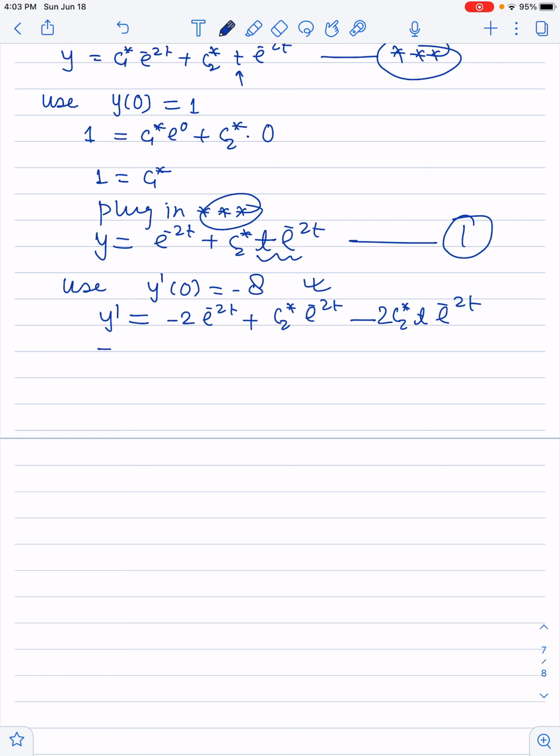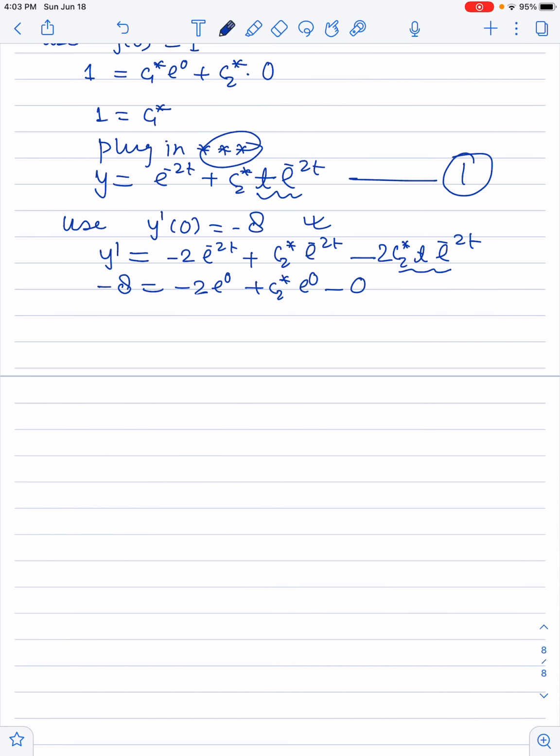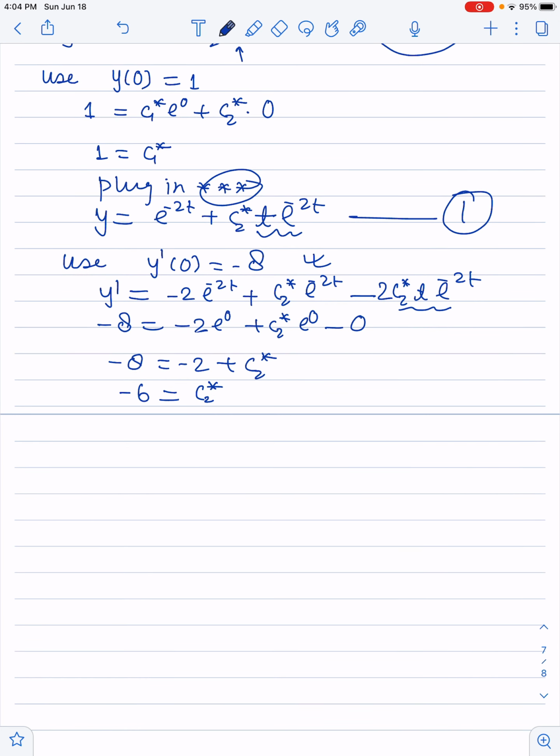So y prime will be negative 8, negative 2 times e to the 0 plus C2 star e to the 0, and this term will be 0 since t is 0. Negative 8 equals negative 2 plus C2 star. So when you add 2 on both sides, you'll get negative 6 on the left side, which is C2 star.